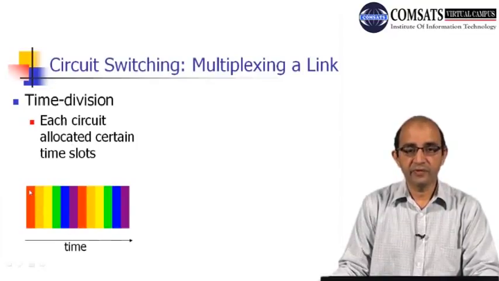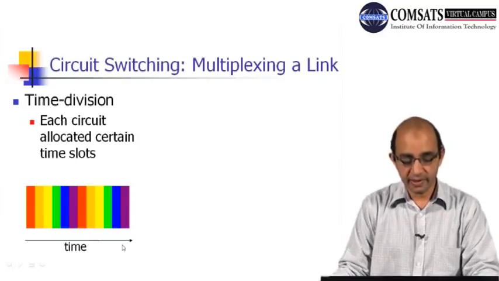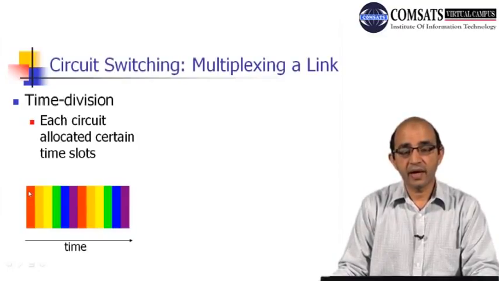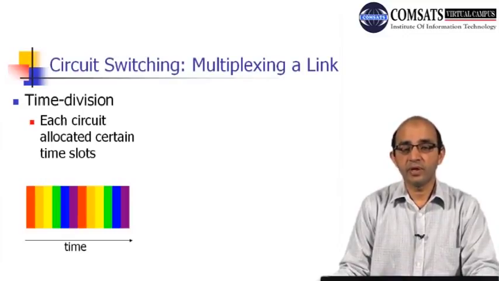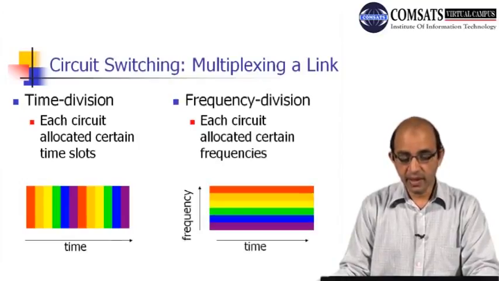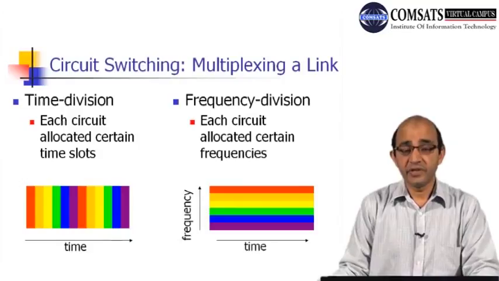You can see that we have different colors representing different time slots. On the horizontal axis we have the time axis. So different colors are allocated different time slots. You can take those different colors as the time slots that are being allocated to different stations or different connections.